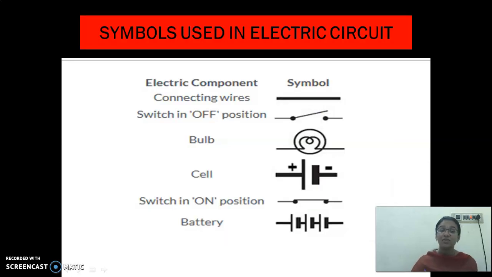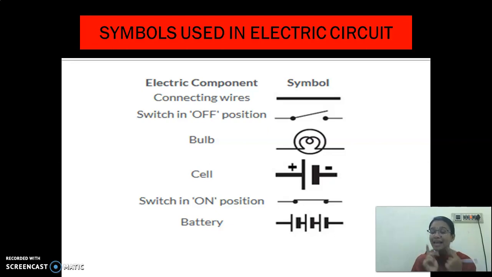Look at here children. These are all the symbols which are used in an electric circuit. Just have a note of it. Take your note. In an electric circuit, the wires are represented by this symbol. There is a bulb, cell or battery, switch, wires.